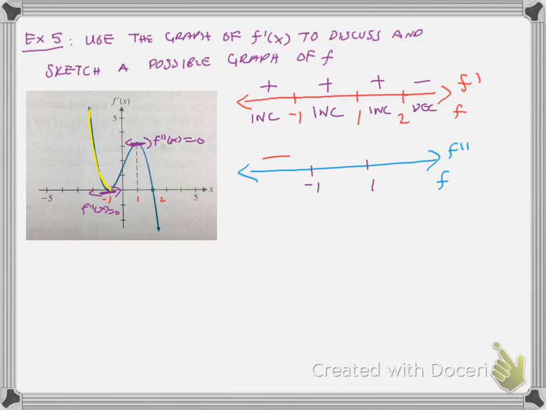And from -1, all right, so I hope that made sense. From -1 to 1, we're increasing, so it's going to be positive. And then from 1 to infinity, we're decreasing, so it's negative. So that tells us for the graph of f that we are concave down, concave up, and concave down.